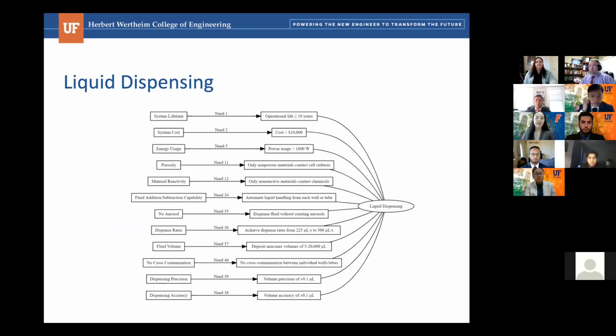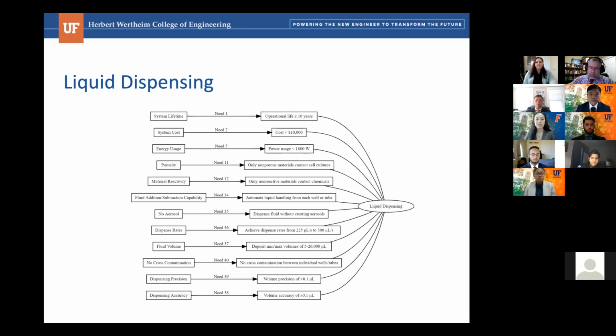Thanks, Andrea. For the liquid dispensing subsystem, there were 12 customer needs identified to directly affect this subsystem, with the first 3 being overall customer needs to be considered for the overall assembly, such as system lifetime, which was maximized, and system costs and energy usage, which were minimized, and with the next 9 pertaining more directly to this specific subsystem.